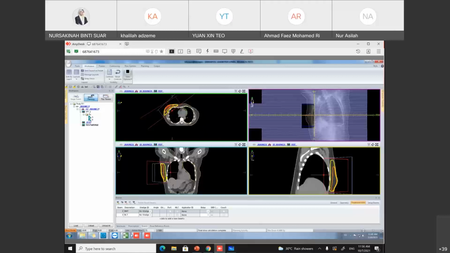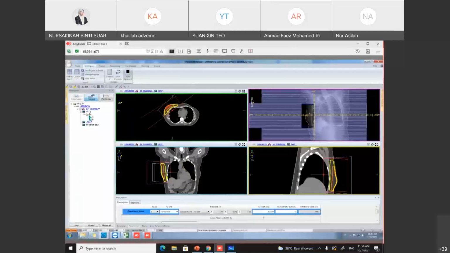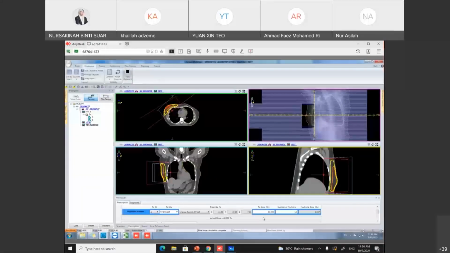So for this plan, the prescription is 40 gray in 15 fractions. After I calculate, let me see the maximum dose. The maximum dose for this plan is 43.9 gray, which is almost 10% higher than the prescription dose.